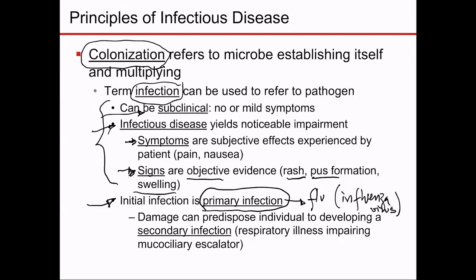If that gets damaged, it's going to be easier for other pathogens or opportunistic pathogens to arrive in the lower respiratory tract. And those that arrive later as a consequence of this primary infection that facilitates their arrival, those that produce an infection after this primary infection, we're going to call secondary infections. Like, for example, a bacteria that may cause pneumonia after the flu virus starts to replicate in the respiratory tract.